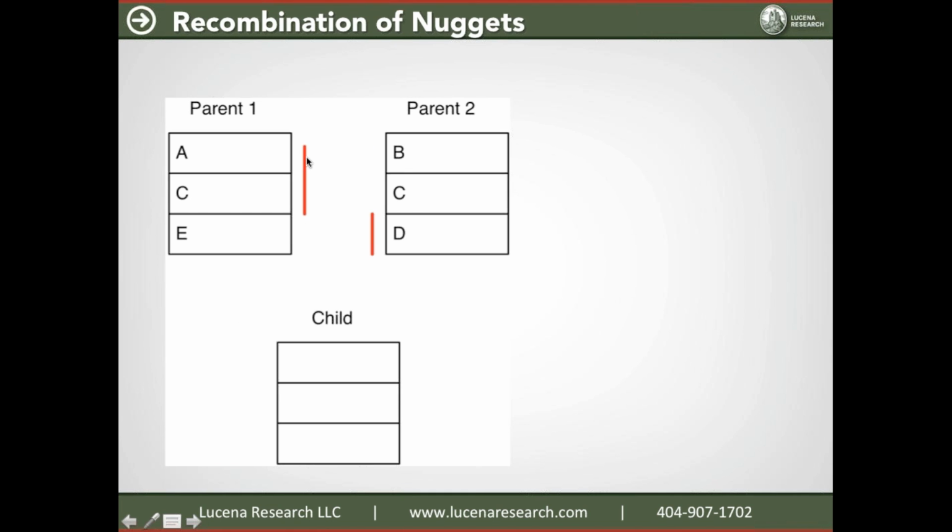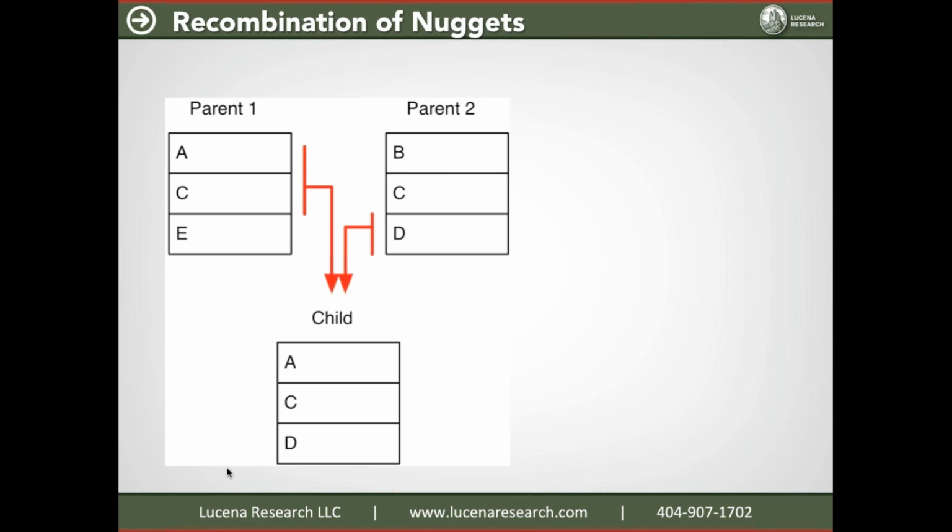In this case, we've randomly selected a number between 0 and 3, essentially. And what that means is, in this case, this is the crossover point. So we take the genetic material from this parent from here to here, and then the genetic material from this one from there to there, and combine them together into the child.